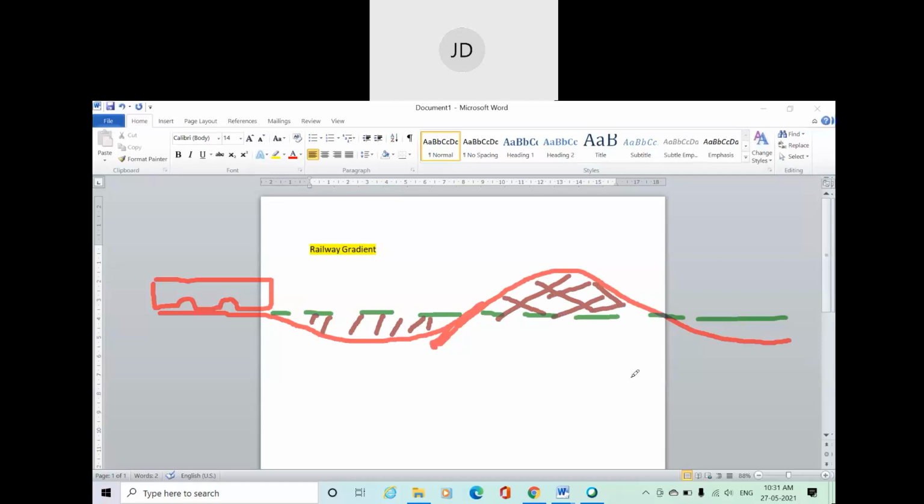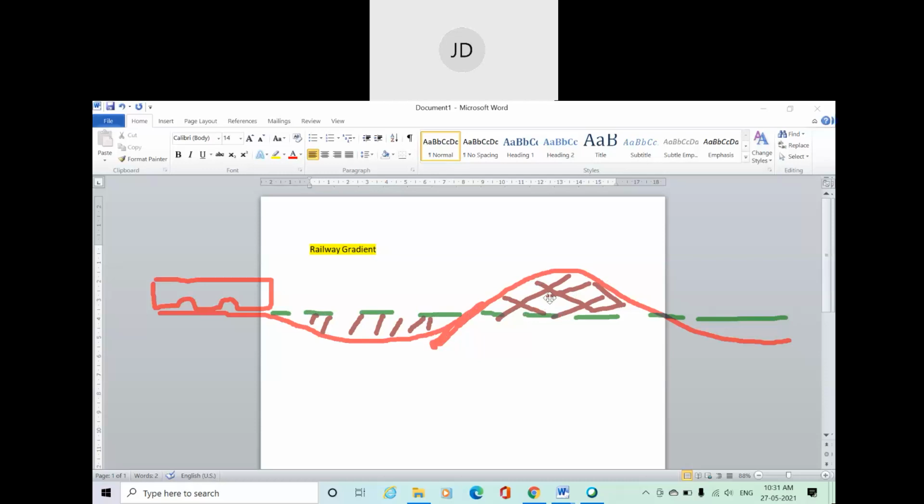Got my point? To provide a straight path for the railway alignment, you first need to fill up this soil up to this level, since it is below the straight line, and the soil in this part should be cut out. That means some extra cost may be added to the project for the fill up or excavation work.